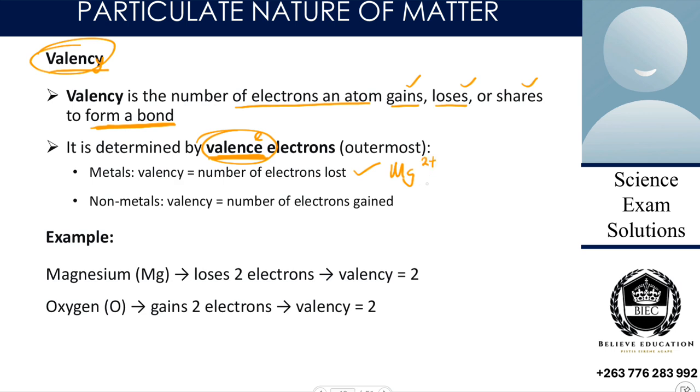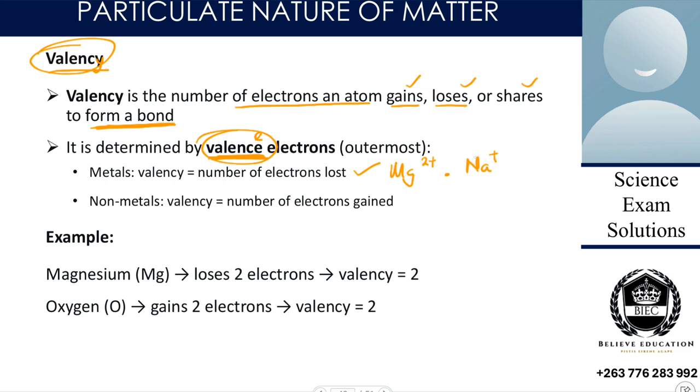If you look at Mg on the periodic table, the outermost shell has 2. Sodium forms Na plus with valency 1, and on the periodic table it is in group 1, which means the outermost shell has 1.